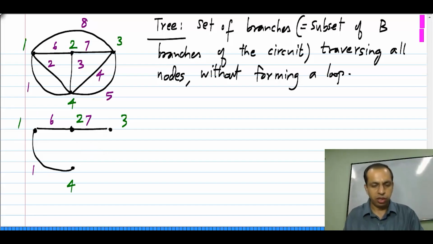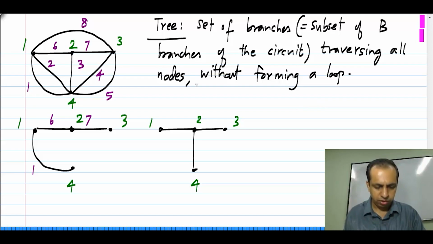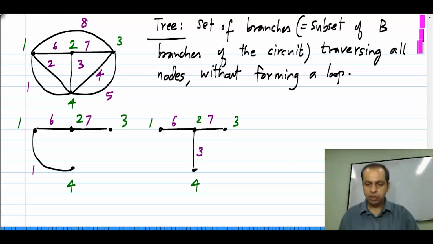Of course, this is not the only tree that is possible. There are so many others. You can just take this graph and then form them yourselves. I will show you just one other example. Again I can take these 3 branches, and there will be branches 6, 7 and 3, and again we have a tree and all nodes are connected to at least one branch, but there is no loop.